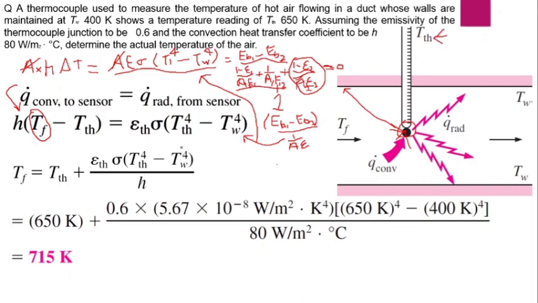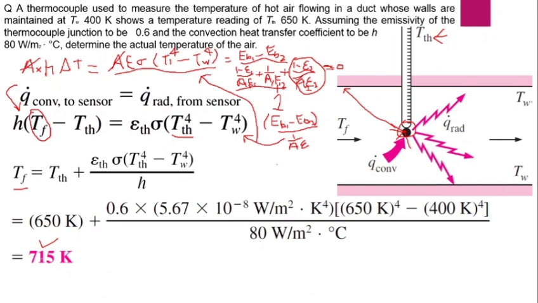Here we use T thermocouple, the temperature of the thermocouple, and here we use temperature of the air, because in this case, heat is getting transferred from the air to thermocouple, from the fluid to the thermocouple. In this case, heat is getting transferred from the thermocouple to the wall, right? So keeping all these things in mind, we solve it, and finally we find TF as 715 Kelvin.